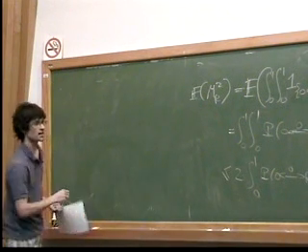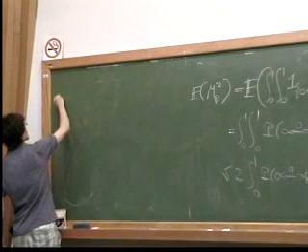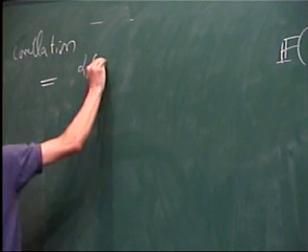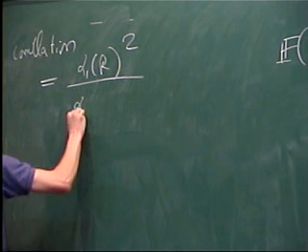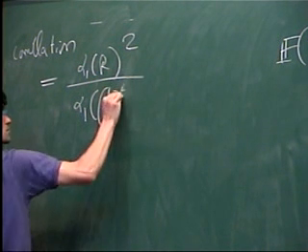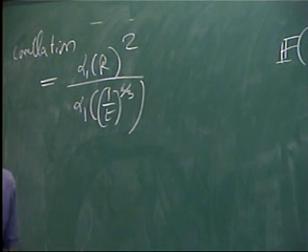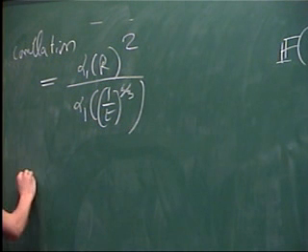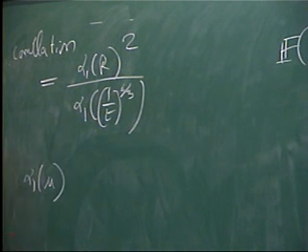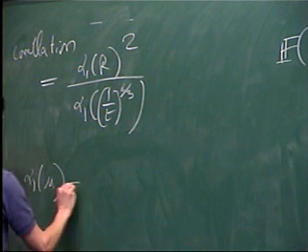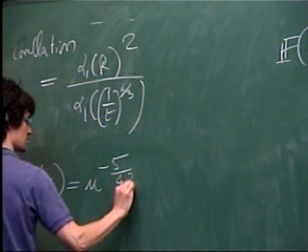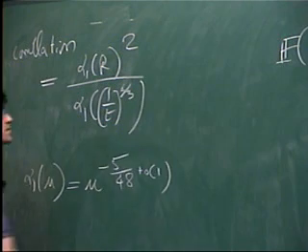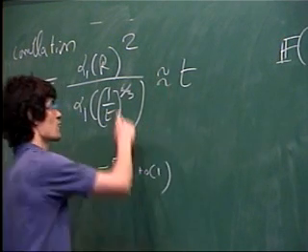what you get is that the correlation, so I won't write it again, is alpha 1 of r squared divided by this one. And now you can use the fact that I stated before, that the first arm exponent is 5 over 8. So if you plug in here, what you get is 4 thirds times 5 eighths.